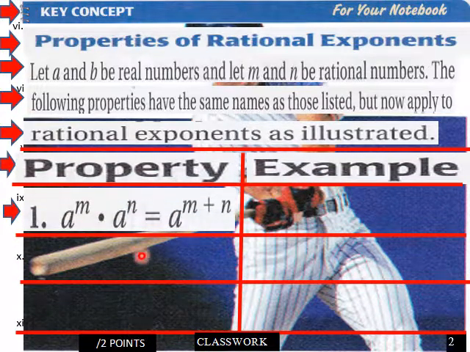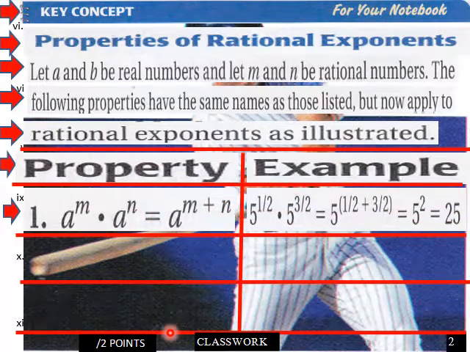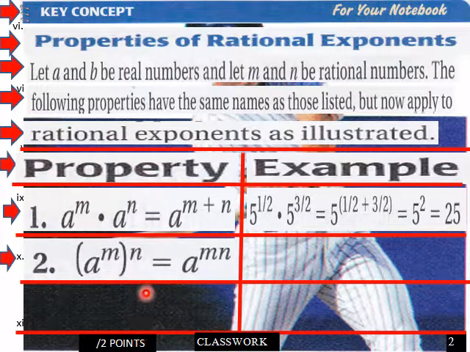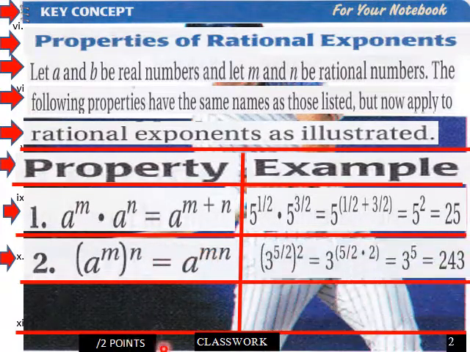So here is the product property, and here is an example of that using fractional exponents. So we're using fractions now instead of integers. Then here's a power property, again using fractional exponents.